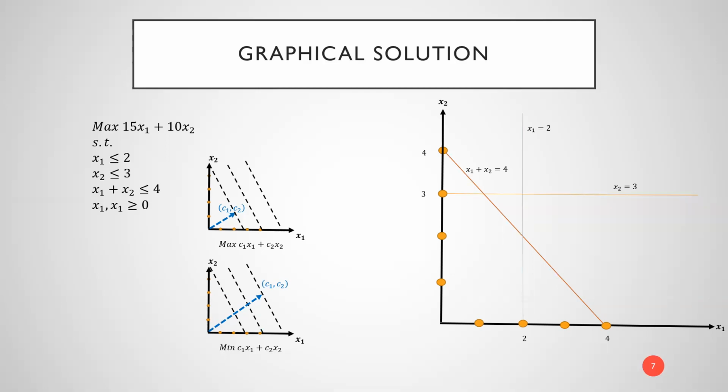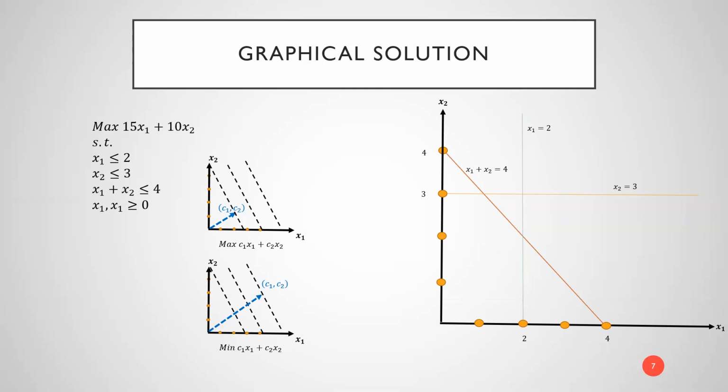And one more time, I'm going to repeat again: plot the isovalue lines, and if the problem is maximizing, move in the direction of the objective function vector. It is like sliding a ruler across the graph, along the isovalue lines. So just imagine one of the isovalue lines as a ruler and start moving it in the correct direction.